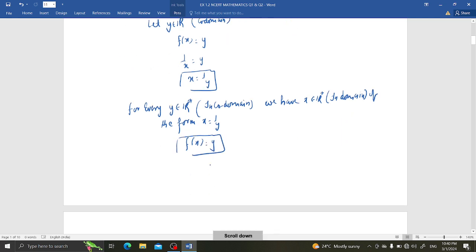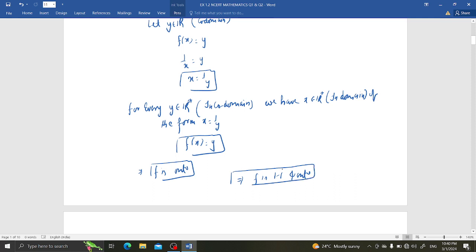Hence the function is onto, which implies f is onto, and if f is onto, it implies that f is 1-1 and onto. Hence the proof of the first part is complete.